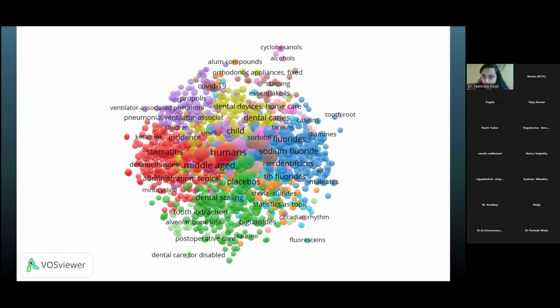Or should I tell you? Okay. This graph is telling us about the keywords and their clusters. But are you able to see the connections? No. So this is the problem.